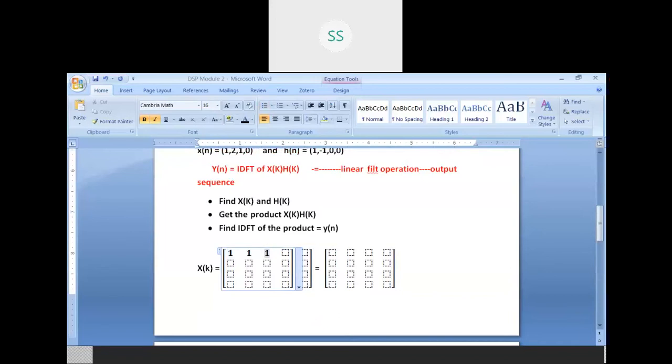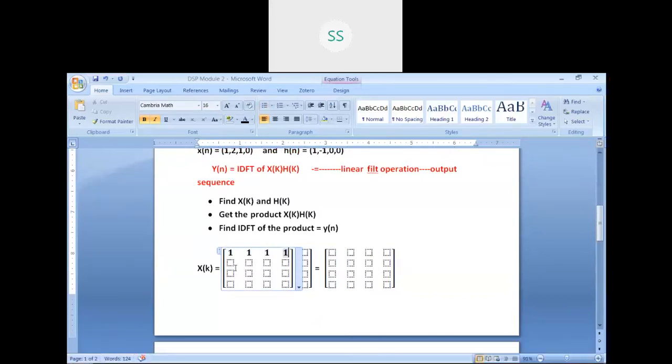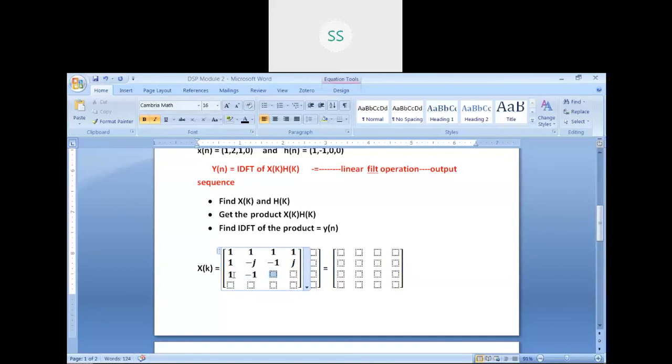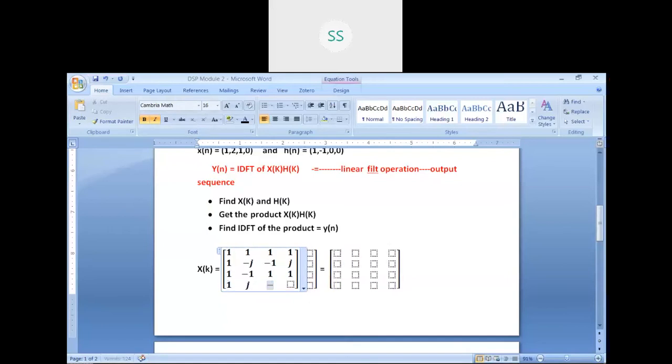The last row is again 1, j, minus 1 and minus j.